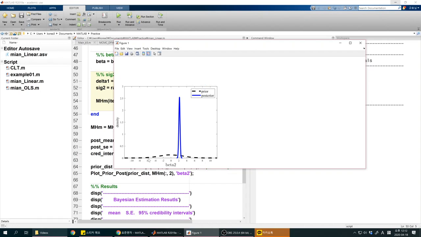According to my prior information, the beta could be between -2 and 6 or -4 and 4. And this is my posterior distribution. This is the Bayesian updated distribution for beta 2. Updated by what? Updated by the data, or information in the data.